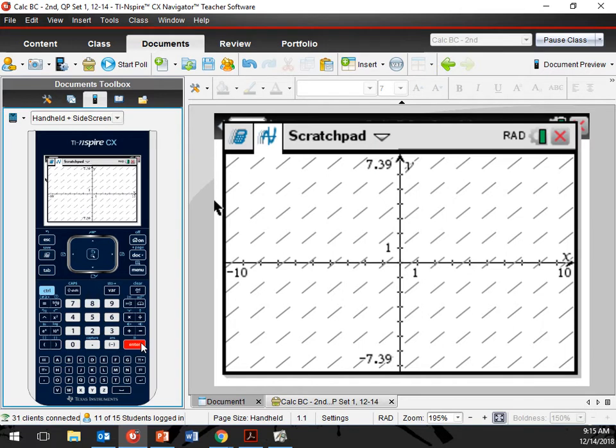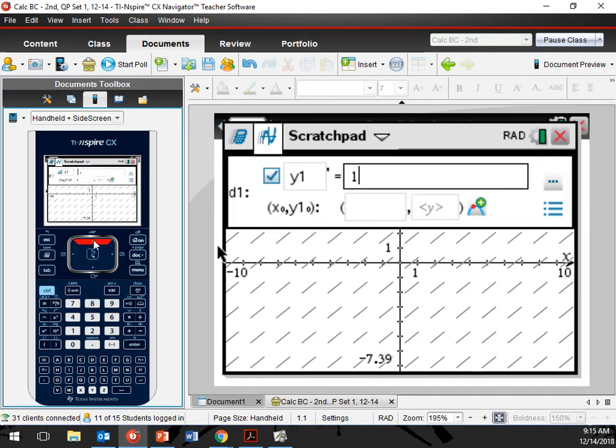It's like rain. Okay, so the slope is 1, which means at all points my slope will be 1, right? Does that make sense? Okay, from right here, let's go back up.